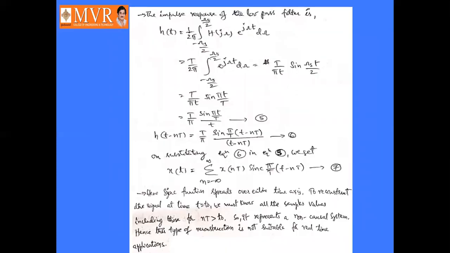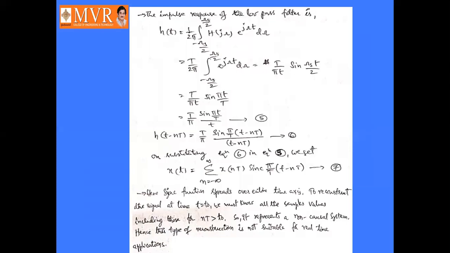So the impulse response of the low pass filter is h(t) is equal to 1 by 2π into integral minus ωs by 2 to plus ωs by 2 H(jω) into e^{jωt} dω.